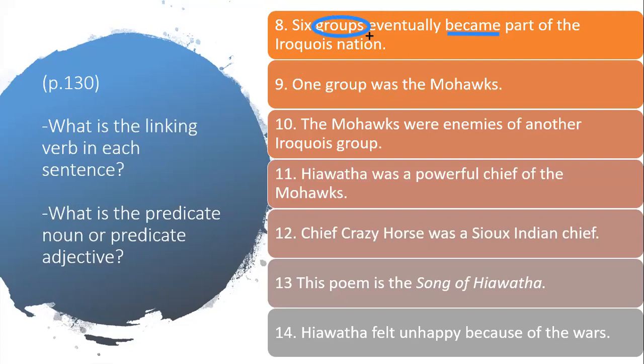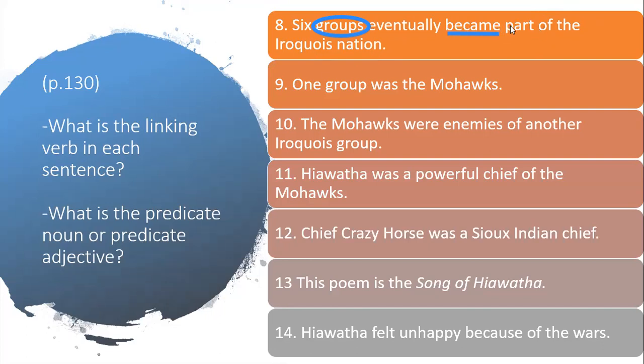And then we ask ourselves, groups became what? Groups became how? And we focus on the predicate side, part of the Iroquois nation. If you identified the preposition of, you are on a roll, which means that of the Iroquois nation cannot be the answer for either the predicate noun or predicate adjective, because I already explained that to you.